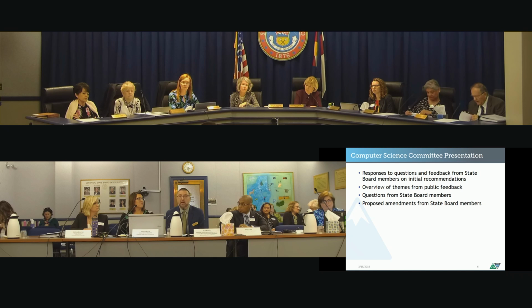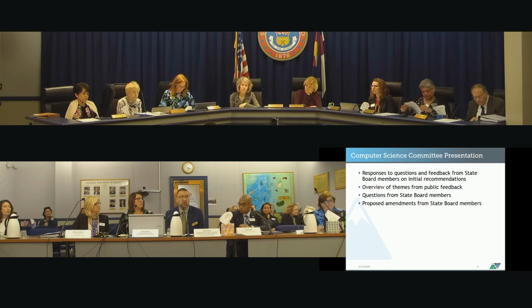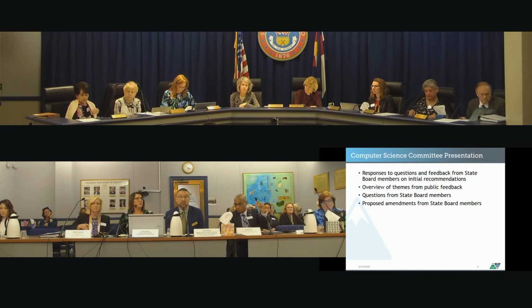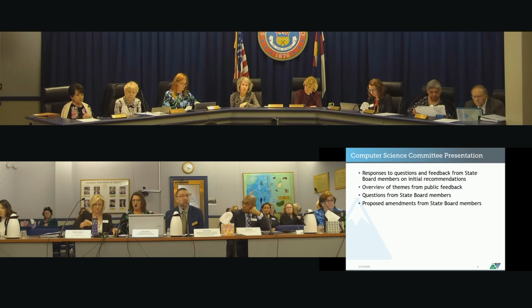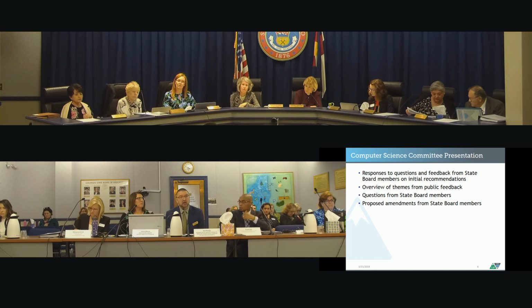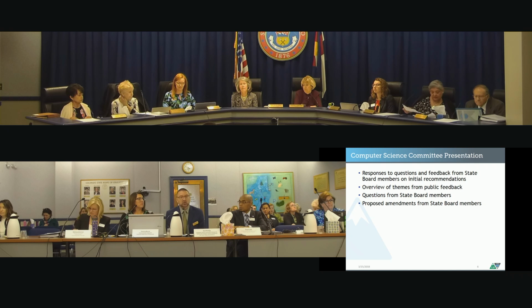We looked at the state of Massachusetts, which has a very mature statewide framework, the state of Washington, and Arkansas, also the K-12 framework, which was recently revised. It's a national endeavor. And then the CSTA, the Computer Science Teachers Association, who have been the leaders in designing computer science standards, recently revised theirs as well. So we looked at all of those when we started this off.